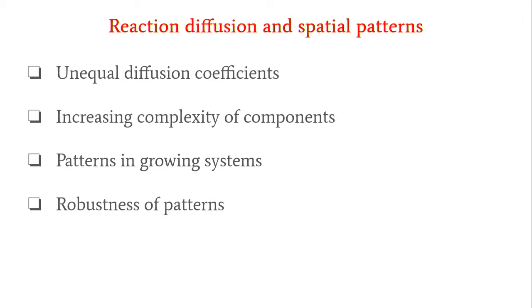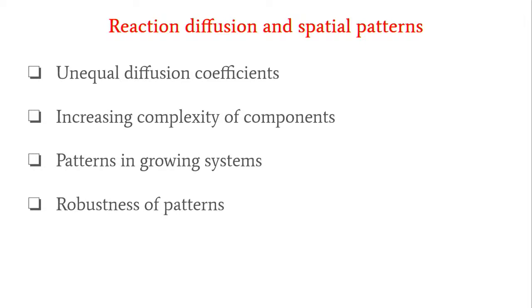Now this presents a problem, because when we are thinking of diffusion of chemical components or morphogens or proteins and so on, roughly the diffusion coefficients are not that different. They might be 5-fold, 10-fold, but they're generally not going to be 100-fold.